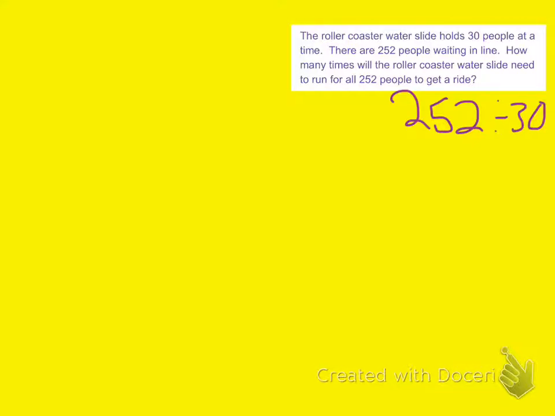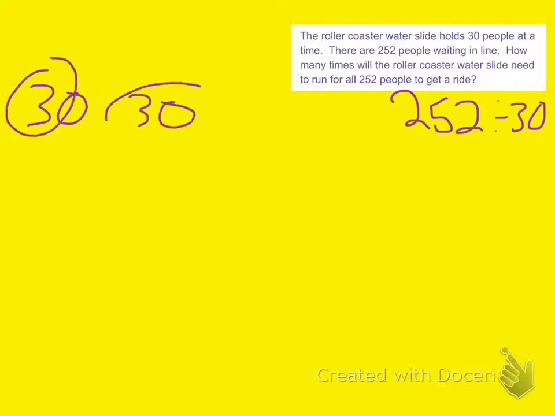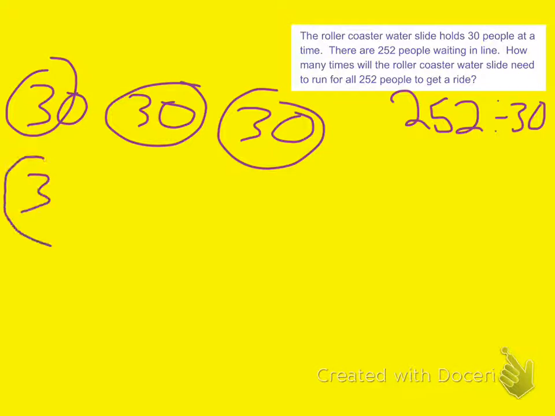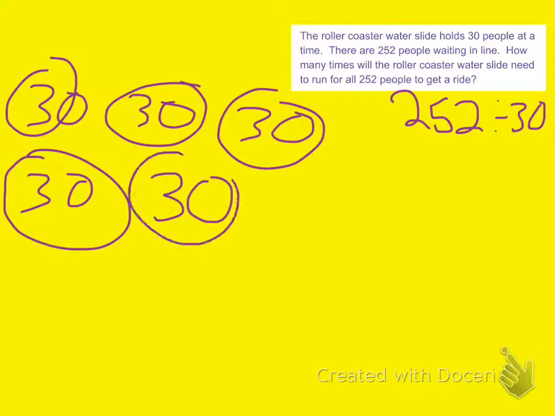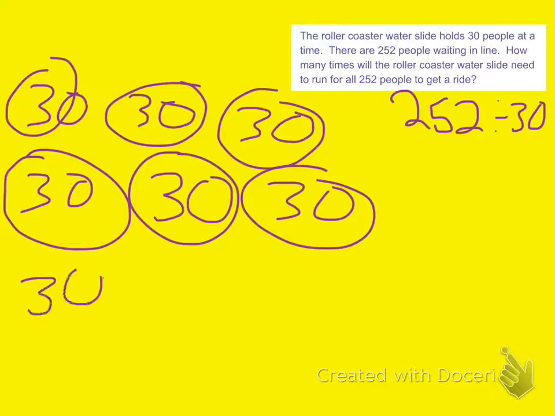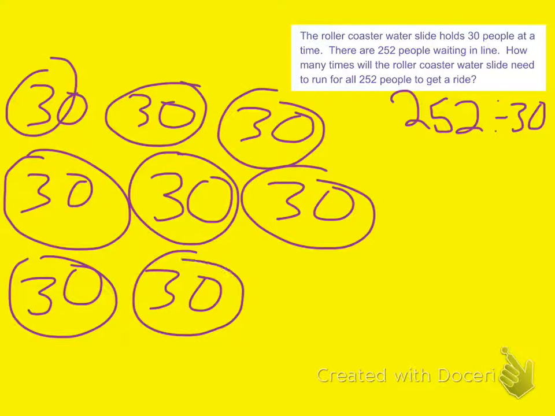If we wanted to do a picture, we could just make groups of 30 until we got up to 252. There's 30, 60, 90, 120, all the way up until we get to as close to 252 as we can without going over.